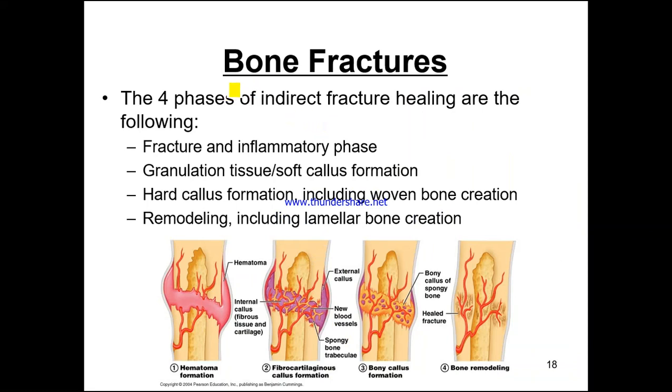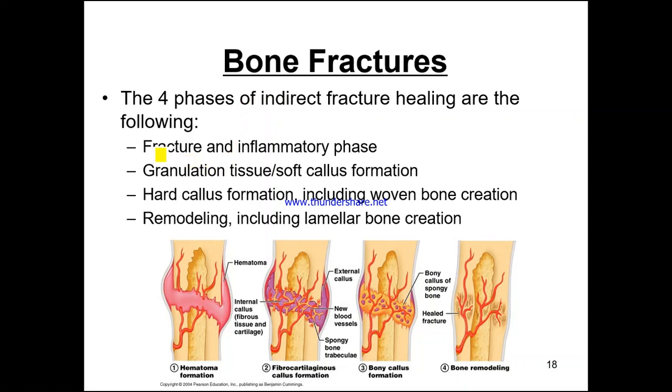So we need to understand that when we talk about bone, we need to add some clinical component to this. So the most common thing that we discuss is bone fractures. We have 4 phases of indirect fracture healing, and these are the following.